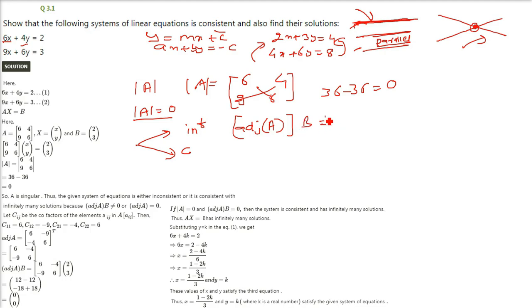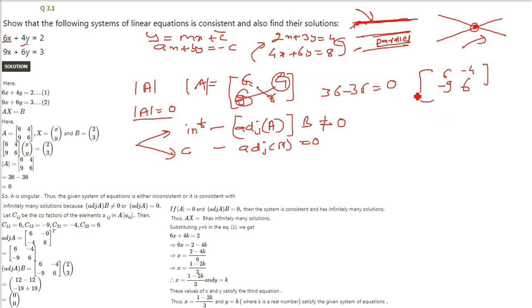If adjoint A into B is not coming to 0, then the system of equations is consistent with infinitely many solutions. There may be a case where adjoint A is 0, so we'll take all those cases, but this question is saying that you have to show that it is consistent. When it is consistent and both are the same line, you will get infinitely many solutions.